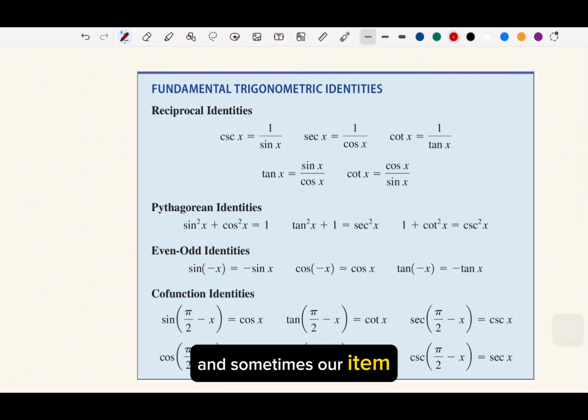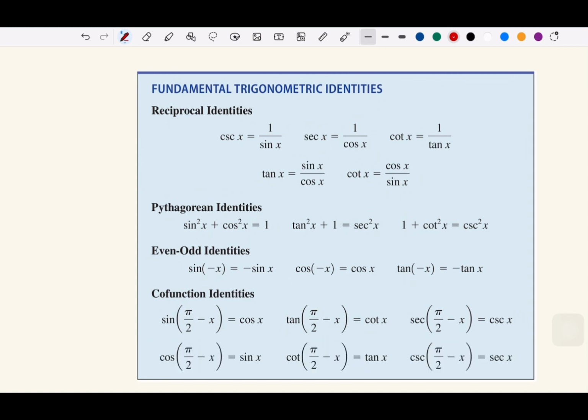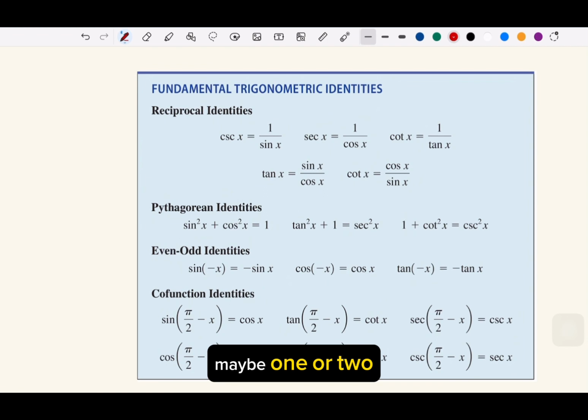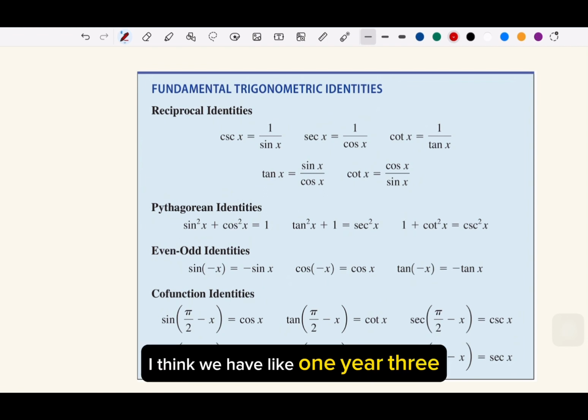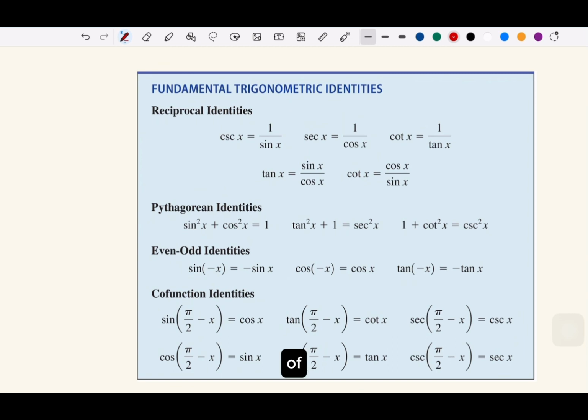And sometimes the identity program has only one or two problems. Every year maybe 1 or 2. I think one year it was 3, two years ago, that's the record. Most of the time 1 or 2.